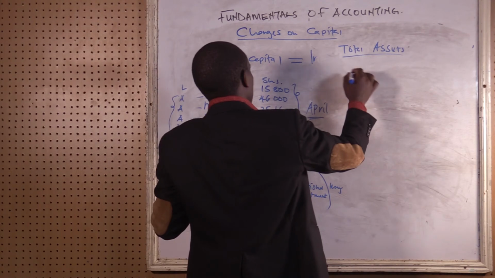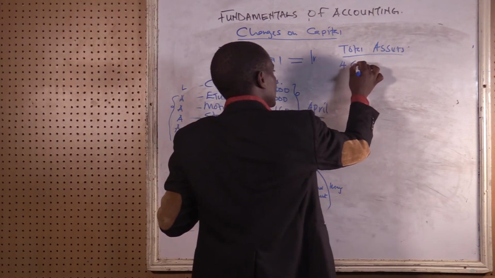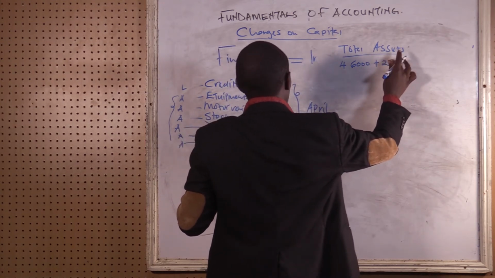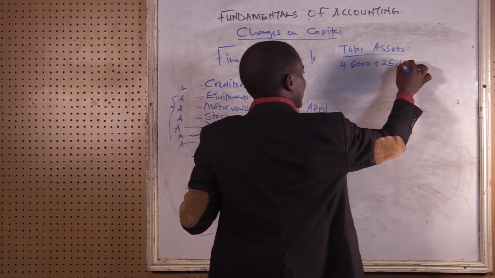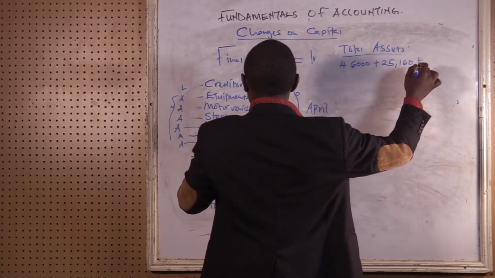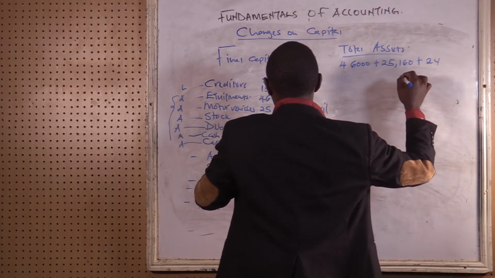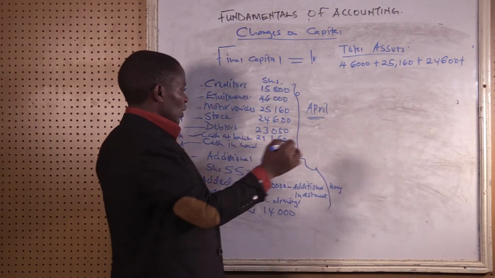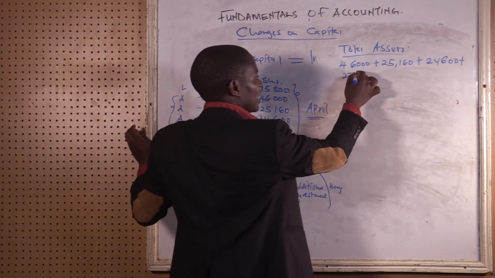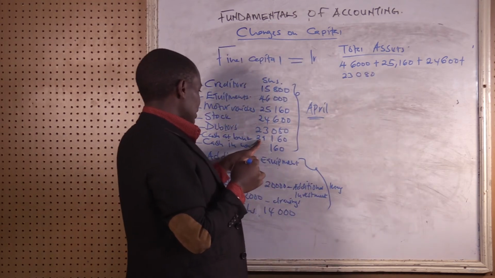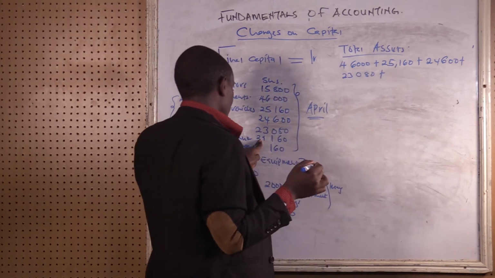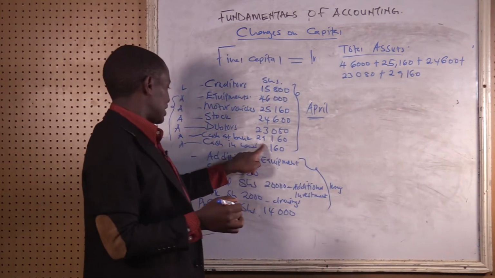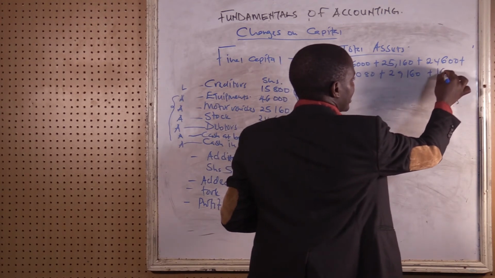So it is equipment, which is 46,000, plus motor vehicle, which is 25,160, plus stock, which is 24,600, plus debtors, which are 23,080, plus cash at bank, which is 29,160, plus cash in hand, which is 160.